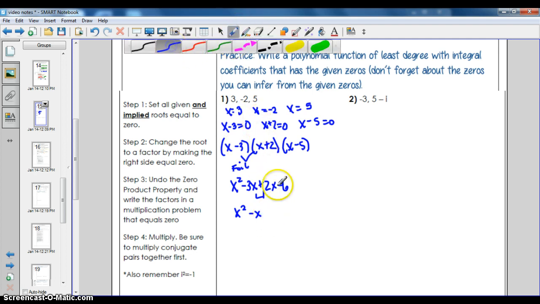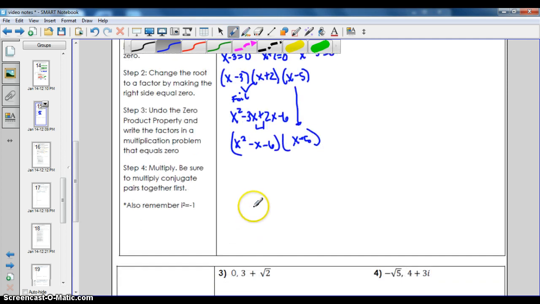And then the next and final step is to multiply. Again, we've got to bring down that x minus 5 because we just multiplied these two, so multiply that last one and that third one. You can use the box method if you want to. We are going to take x squared, negative x, and negative 6 times x and negative 5.